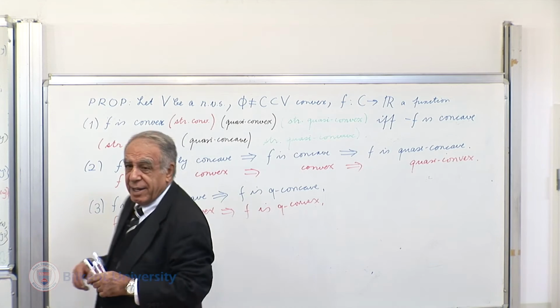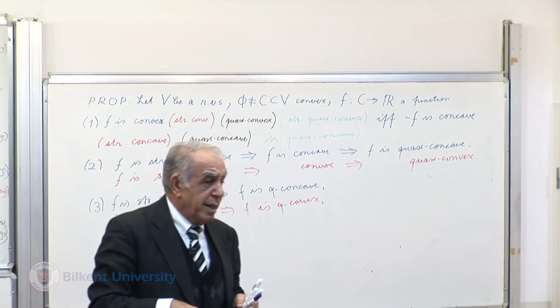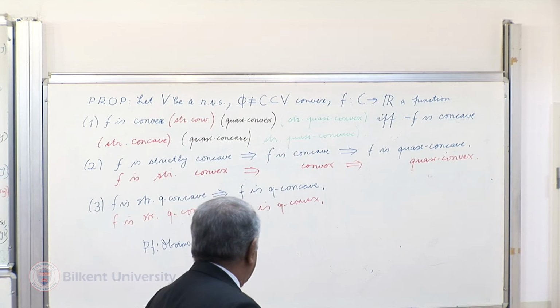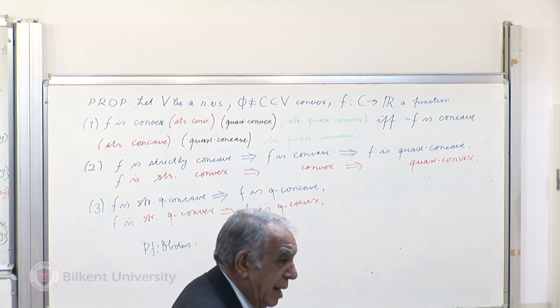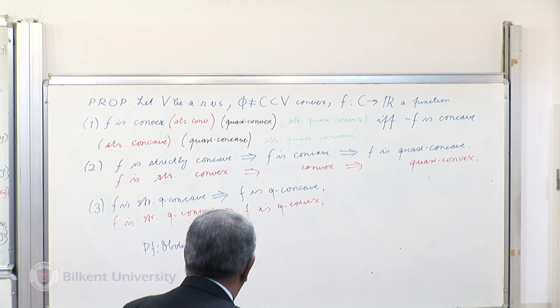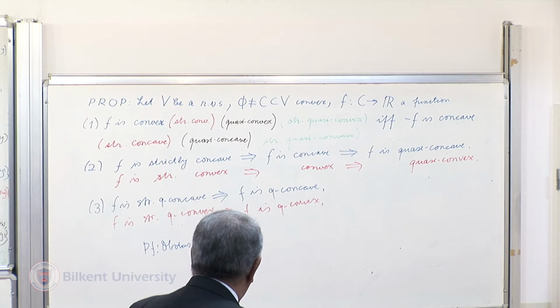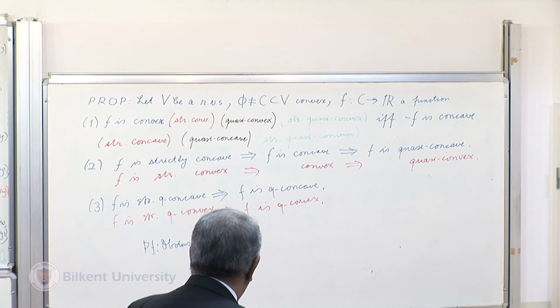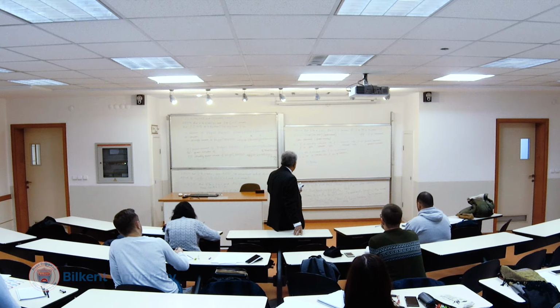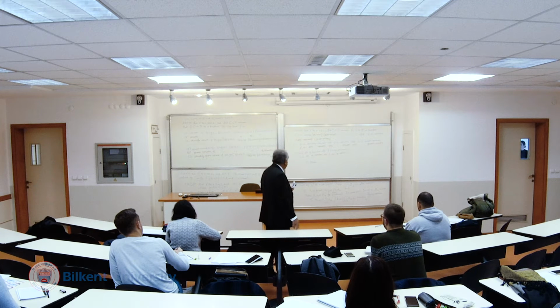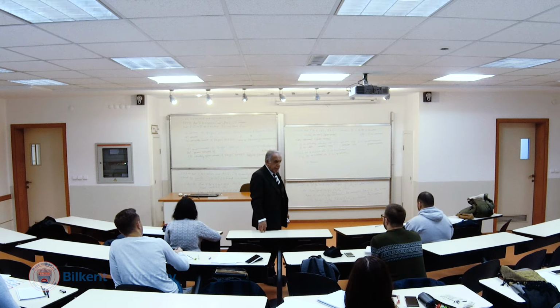Can we imply strict quasi-concave by strictly concave function? Because we'll have the definition that x and y will be different. But I mean, there are quasi-concave functions which are not strictly quasi-concave.